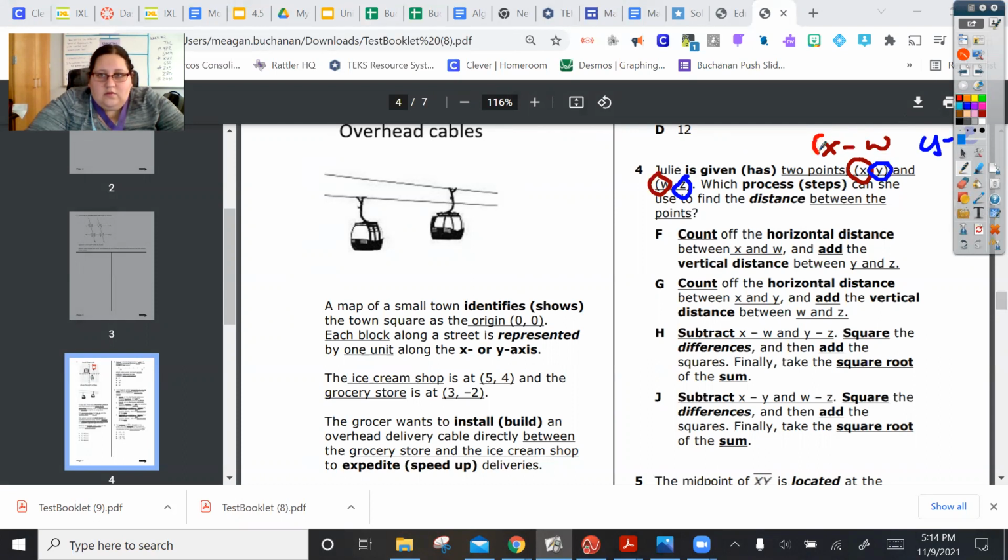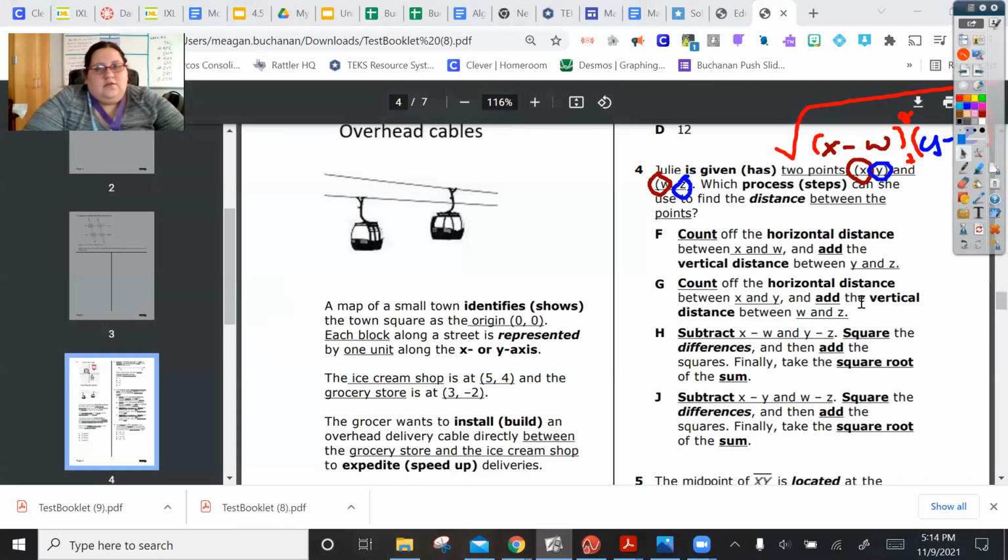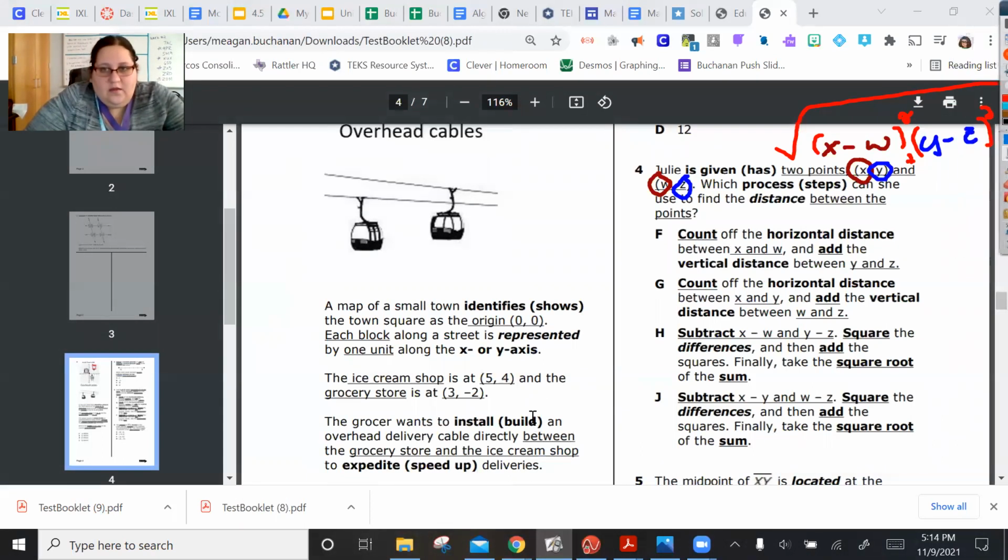So we're going to take the square of this, add it to the square of this, and take the square root. So we're going to use that distance formula. So it says subtract x and w, subtract y and z, square the differences, and then add the squares. Finally, take the square root of the sum.